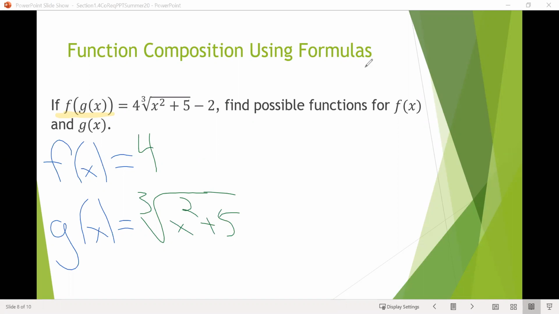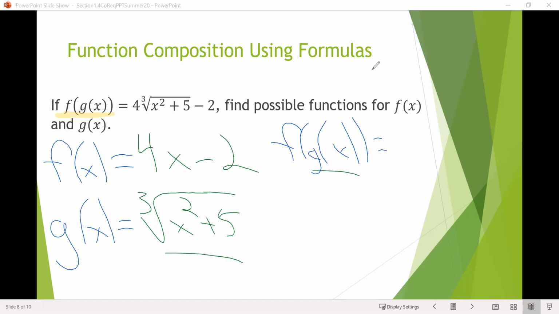And then f, I'm going to make 4x minus 2. If I do f of g of x here, does that still work? Well, let's find out. So in this case now, g of x is cubed root of x squared plus 5. So this becomes f of cubed root of x squared plus 5.